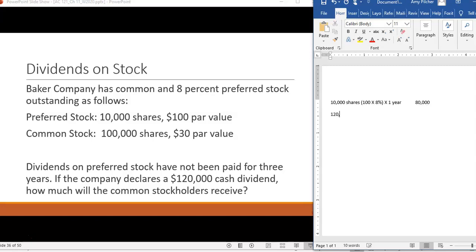So of our $120,000 stock dividend, after we take out the $80,000 we have to pay to our preferred stockholders, we have $40,000 left for our common shareholders. That $40,000 gets divided by 100,000 shares, and our stockholders receive that amount per share, which would be 40 cents. They receive 40 cents per share for their common stock.